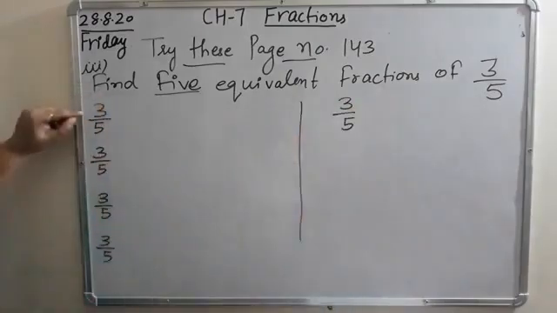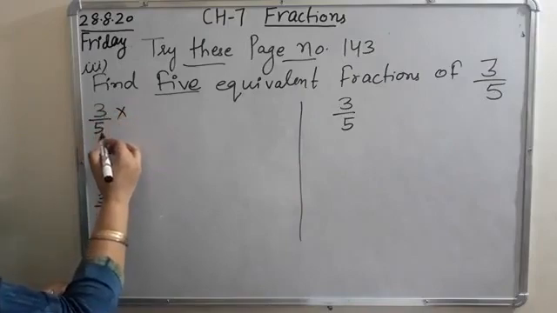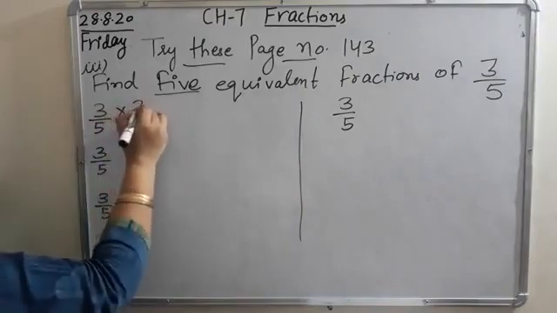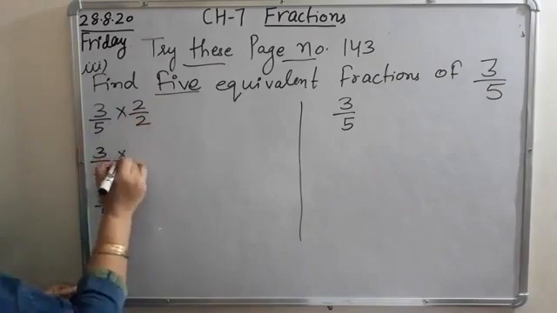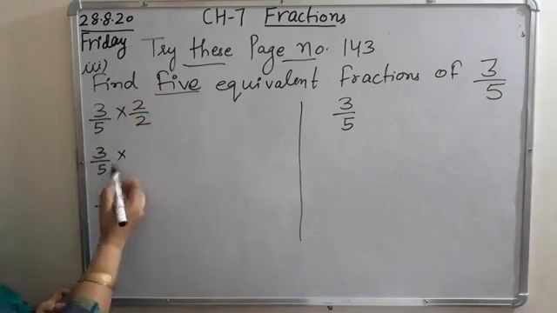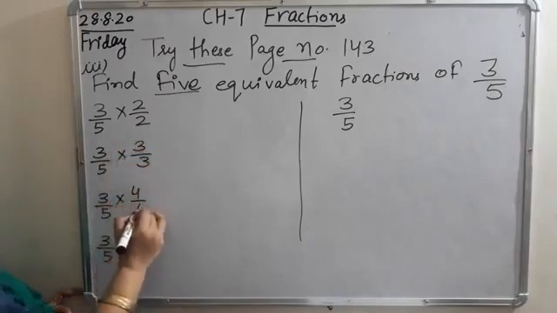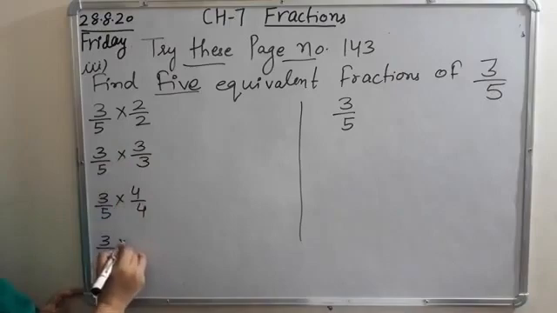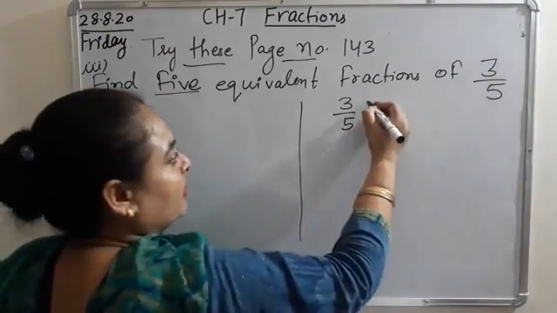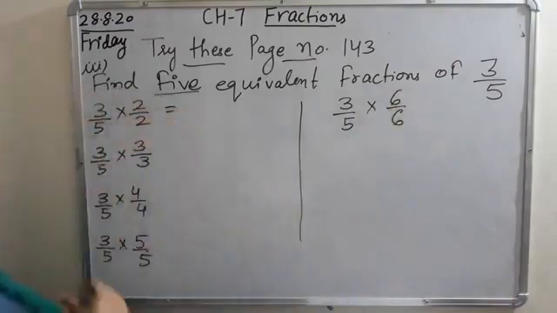Now in the first fraction multiply both numerator and denominator by 2. In the next multiply both numerator and denominator by 3, then by 4, after that by 5 and in the last multiplication by 6.